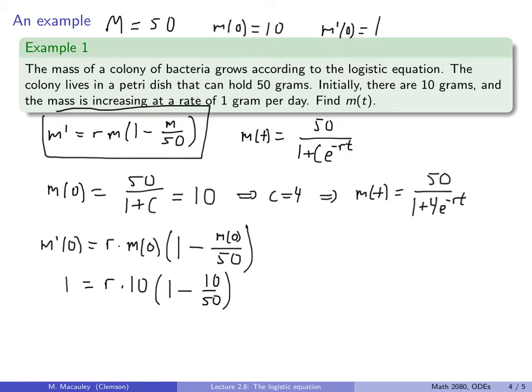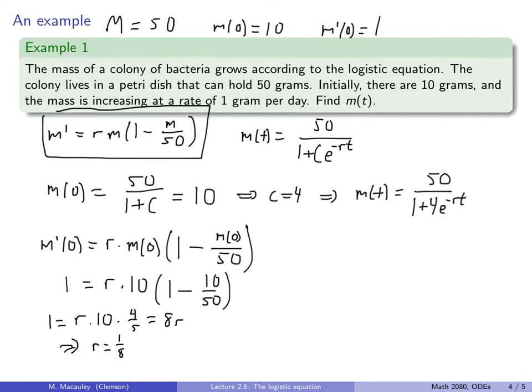So this is 1 equals r times 10 times, what is that, 4/5? And so this is going to simplify: 10 over 5 is 2, times 4 is 8. So that's going to be 8r equals 1. So we get that r equals 1/8.